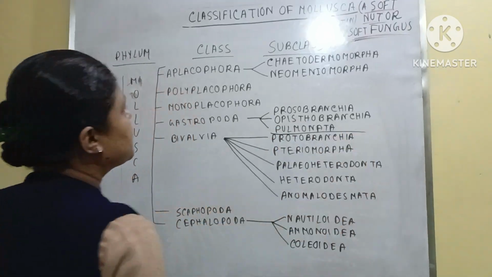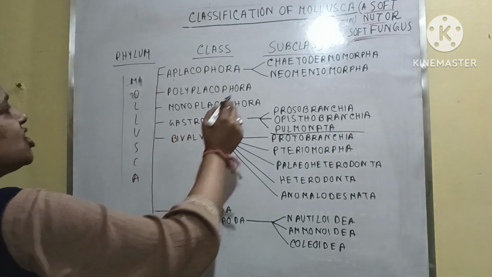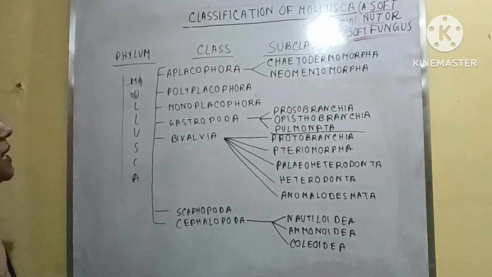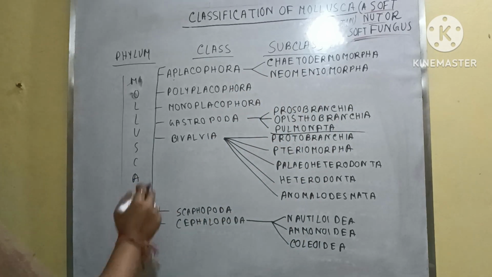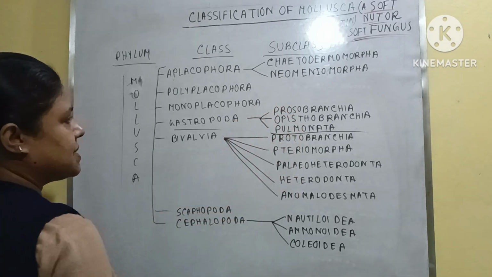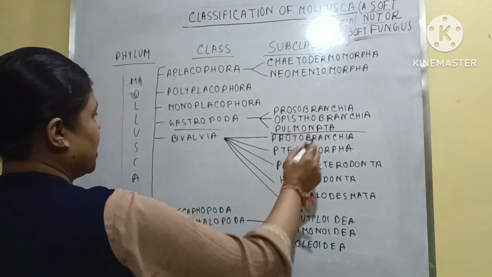These are the subclasses of Placophora. It has two subclasses: one is the Chaetodermomorpha and another is the Neomeniomorpha. Clear? And in the case of Gastropoda, there are three subclasses: Prosobranchia, Opisthobranchia, Pulmonata.